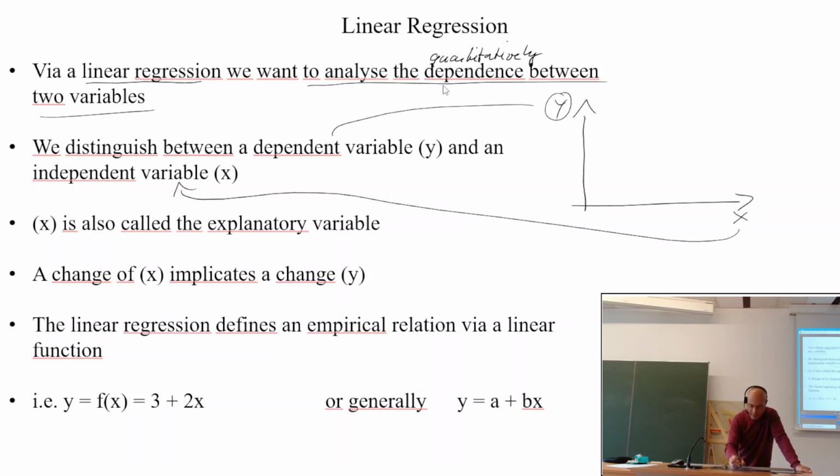Well, in school also you quite often just wrote on the vertical axis f of x, some function. Well, and for this we call x is explaining y. And this then means that if we change the explanatory variable, that this will also induce a change of the explained variable.